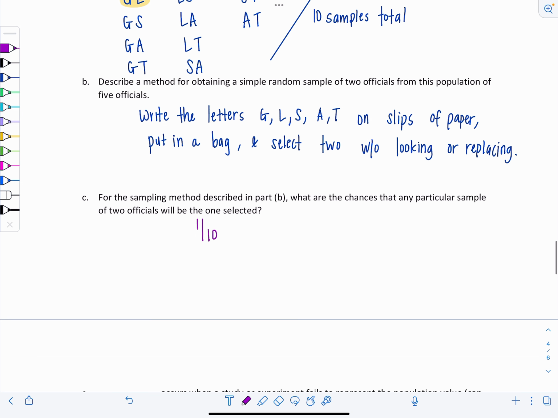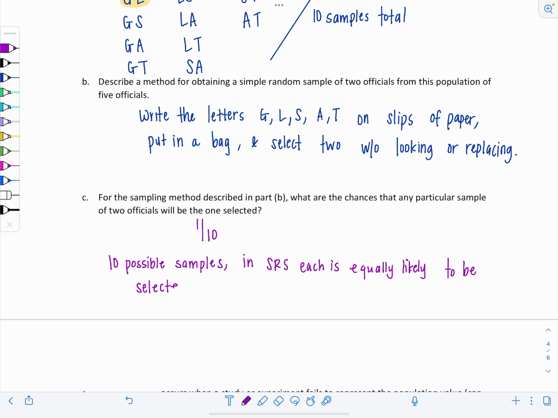Okay, so 10 possible samples, each equally likely to select, because in a simple random sample, right? That's how it is designed. Each is equally likely to be selected. So 1 out of 10.